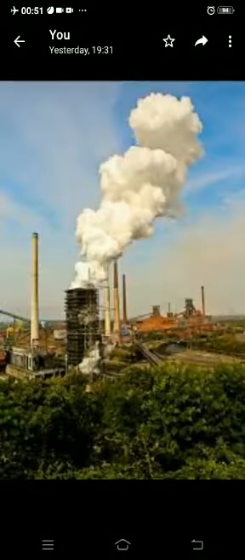A substance that pollutes something, especially the environment, is known as a pollutant. For example, the smoke from factories is a pollutant. Polluter is the person or factor that causes pollution. In this example, the factory is the polluter.